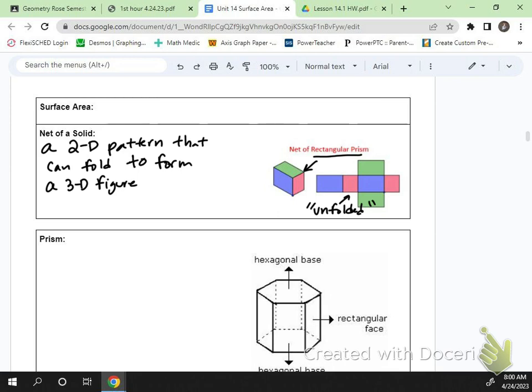I know yours didn't print in color, but mine did. This side and this side are the same. This side and this side are the same. So when it comes to these nets, you will have some of the areas be the same. Just got to kind of figure out and visualize it. The hardest part about this unit is visualizing the shapes.